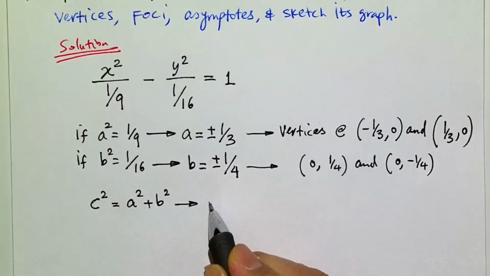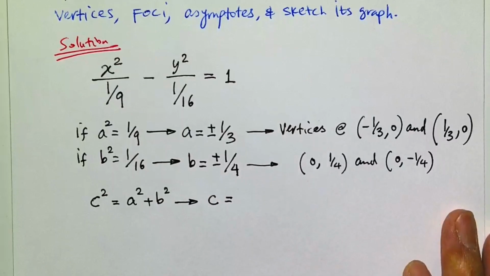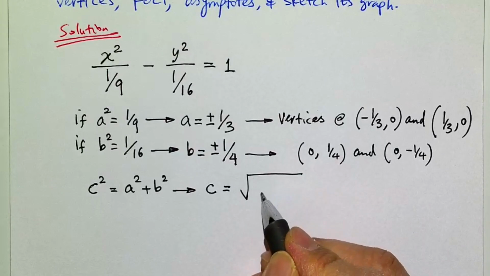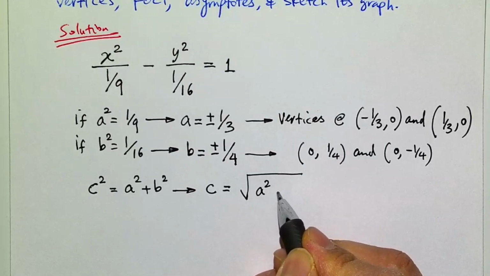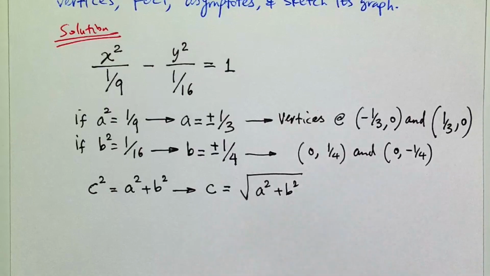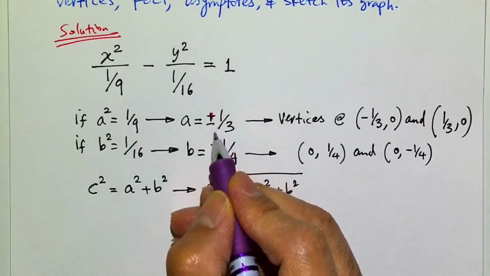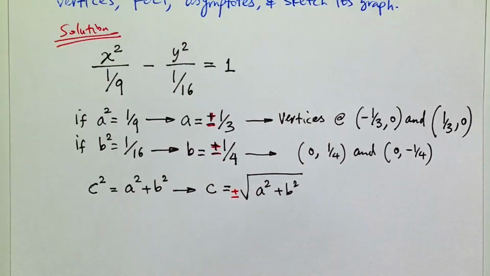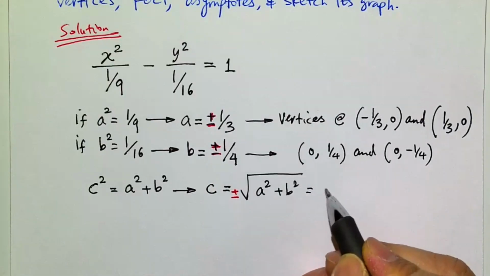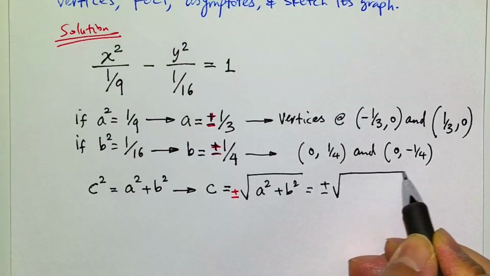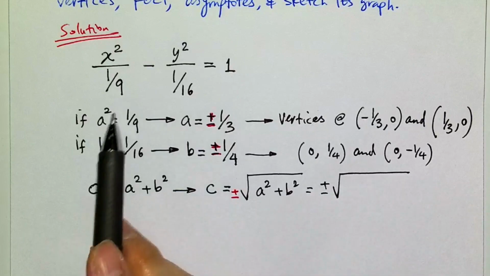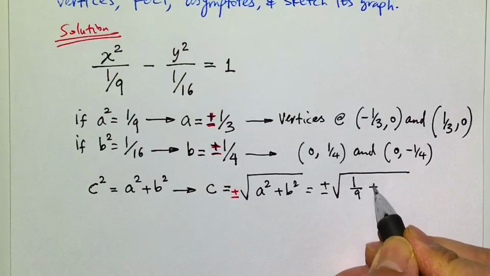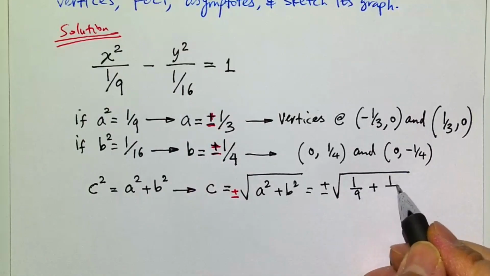So c would be equal to the square root of a squared plus b squared, and again this will be plus or minus that value. So we have plus or minus the square root of a squared, which is 1 over 9, plus b squared, which is 1 over 16.